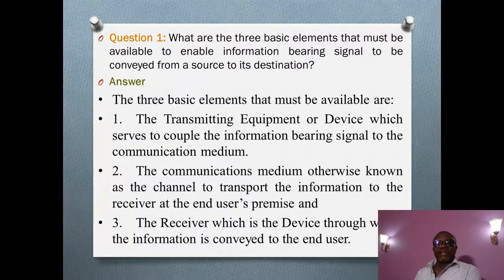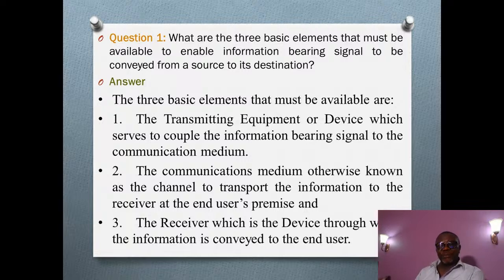We recall that when we were talking of electronic communications, the basic three elements that must be there are: one, the transmitting equipment or device, which serves to couple the information-bearing signal to the communication medium.